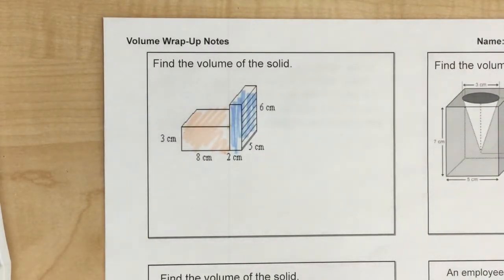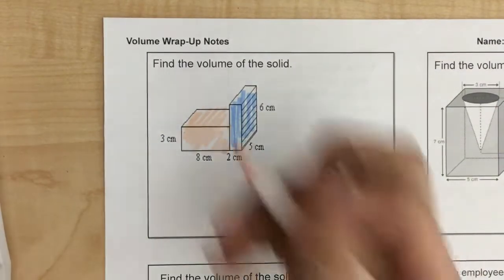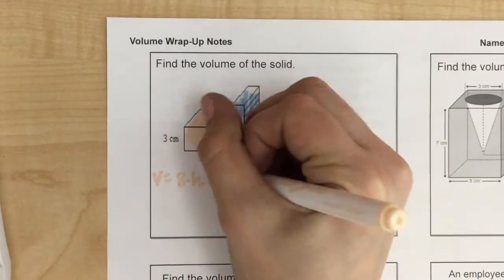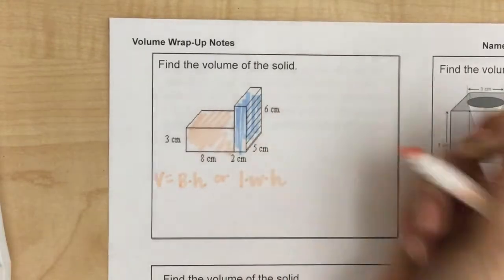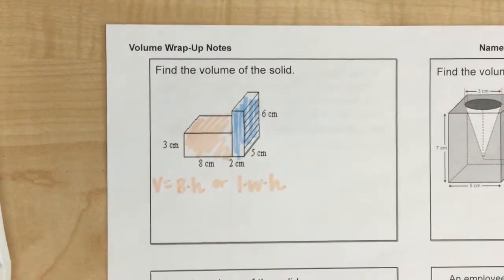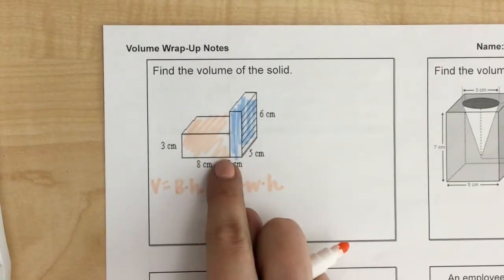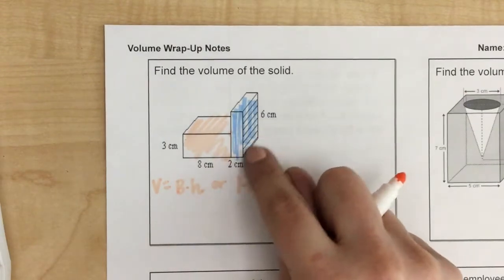So this pink peachy one, if it's a rectangular prism, our volume formula is capital B times H, or length times width times height. Hopefully by this point you're getting pretty good with these, that you pretty much just end up multiplying the three numbers together. I have my length, my width, if you can't see it right away, is actually gonna be 5.